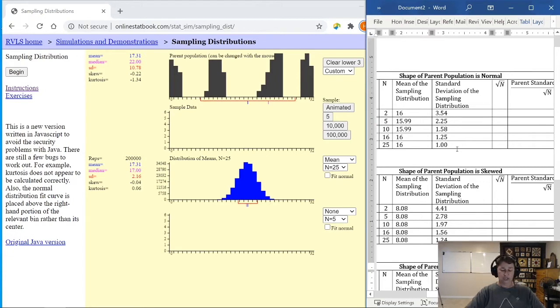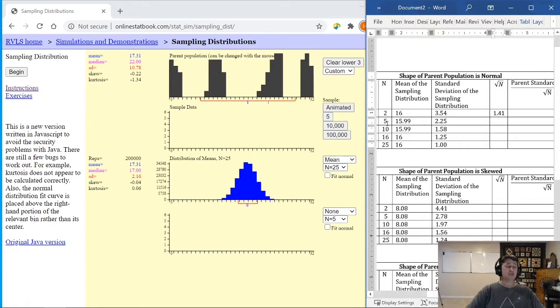So what we're going to do is find the square root of our sample size. So this square root of n, I'm just going to take the square root of 2. On my calculator, you can do it on yours, the square root of 2 is about 1.41.